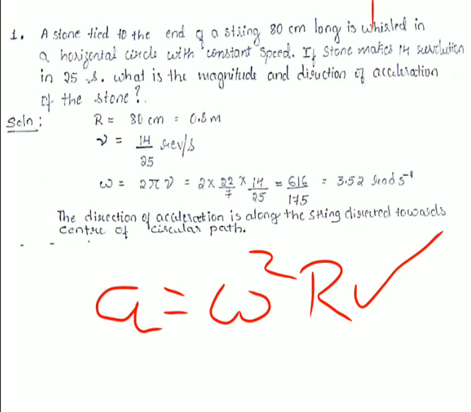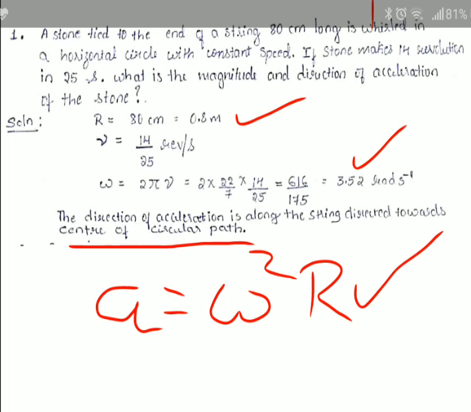Substitute the value of omega as 3.52 and r value as 0.8 meter. Substitute and you will get the magnitude of the acceleration. Next, the direction of acceleration: since the body is in uniform circular motion, it is always directed towards the center of the circular path. Understood? Let's see the next one.